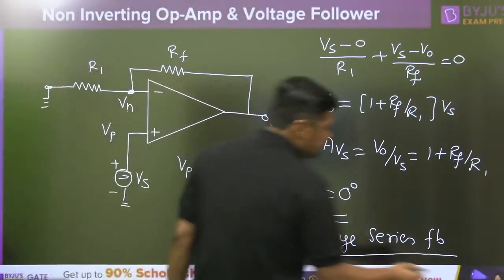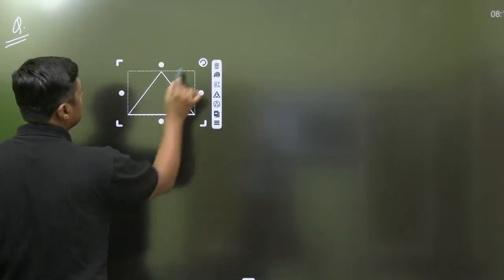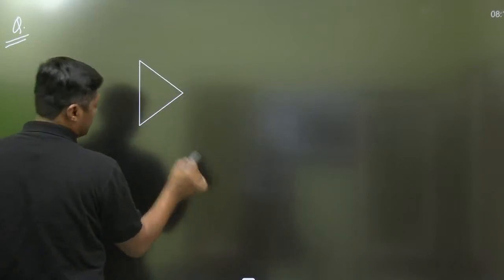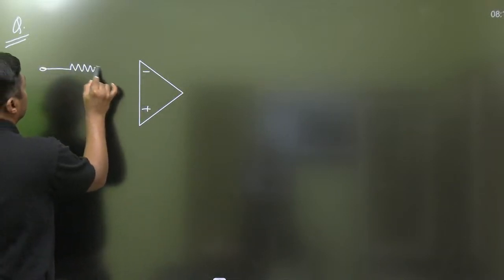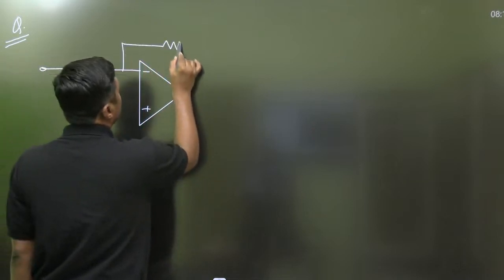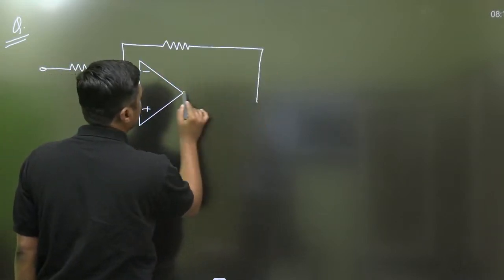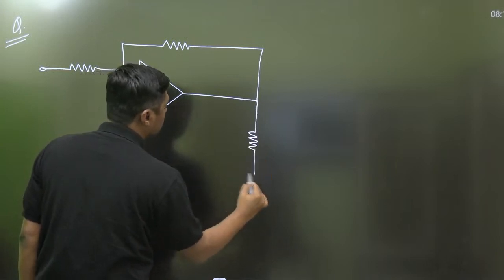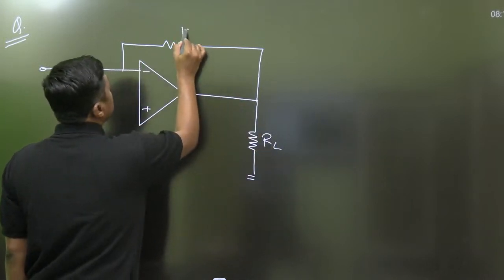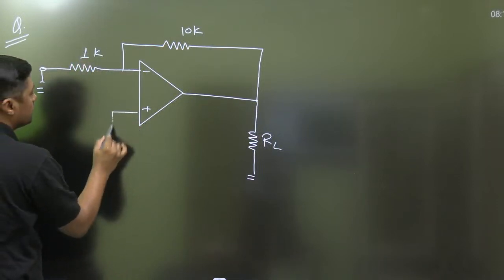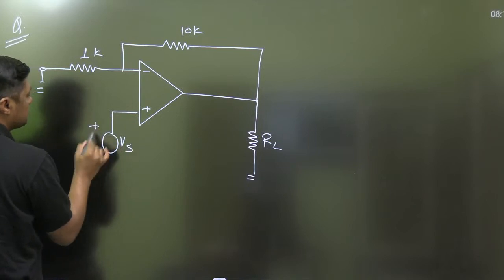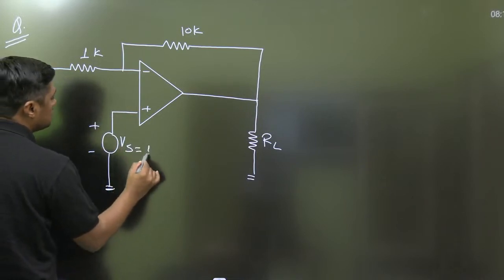That is the first question. Second thing, let's try to solve this question. This is RL, this is 10 kilo ohm, this is 1 kilo ohm, this is ground, and this is Vs. Let this be 1 volt.